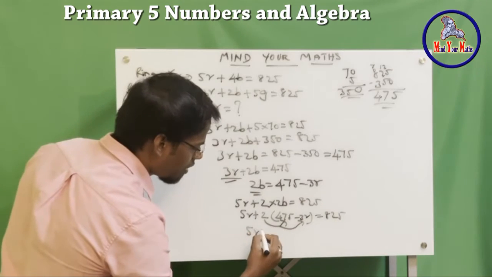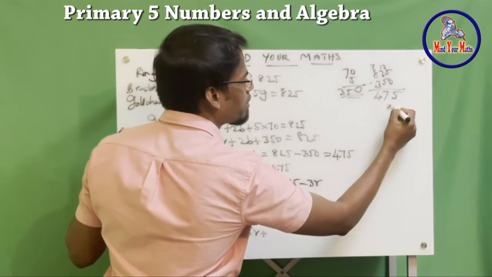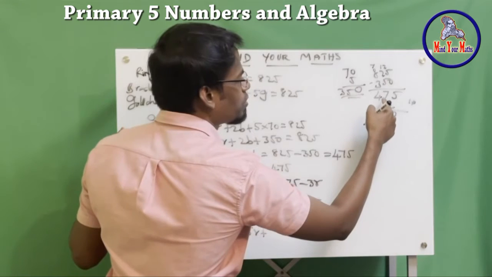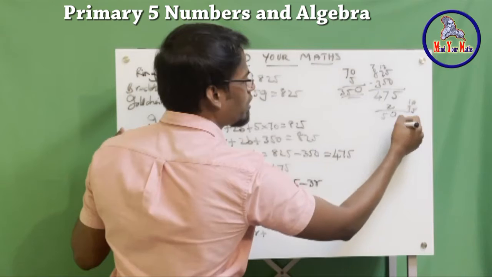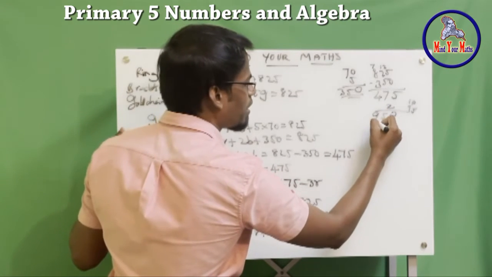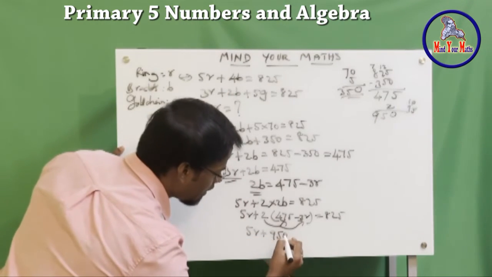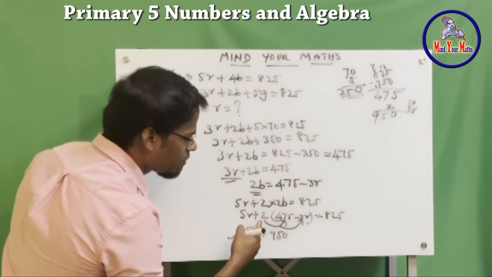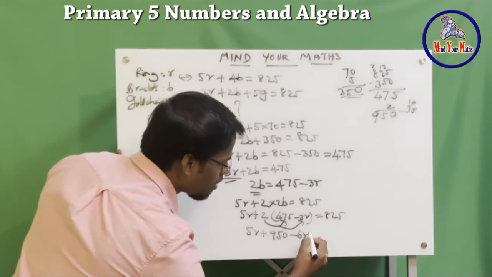So 5R plus 2 times 475, how much? 2 times 5 is 10, 2 times 7 is 14, plus 1, 15, for 15 we write the 5, we have 1, 2 times 4 is 8, plus 1 is 9, 950, right? Plus 950, and then 2 times minus 3R becomes minus 6R.